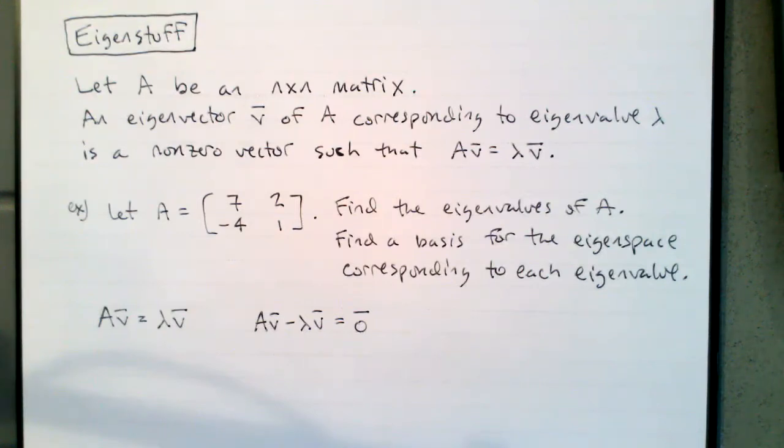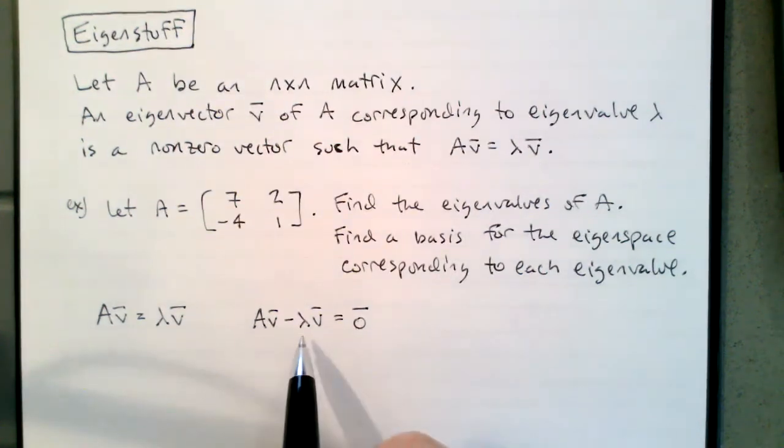We like 0 on the other side because that says homogeneous equation, and we know stuff about homogeneous equations. So what I want is to make a homogeneous matrix equation. Now I have AV minus lambda V. I can't just factor out a V because A is some square matrix and lambda is just a scalar, so I can't subtract those.